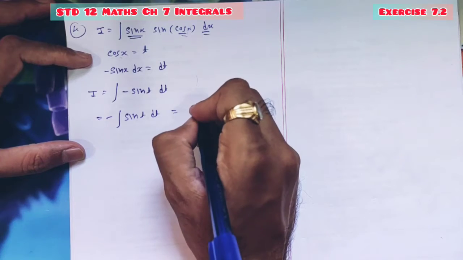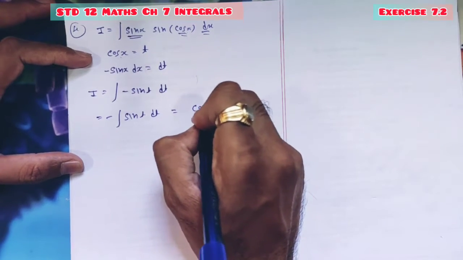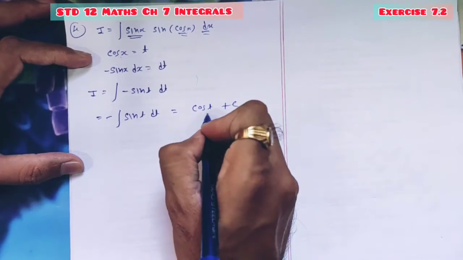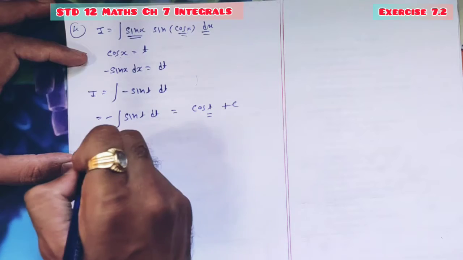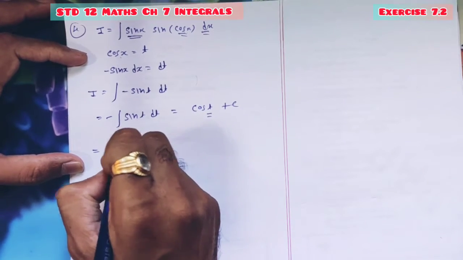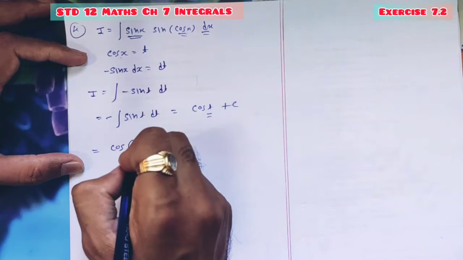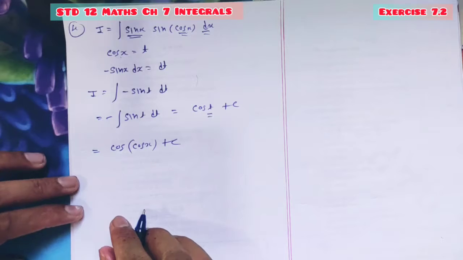Integration of t is t squared by 2, minus and minus plus. And what is t? t is cos x. So the integration will be cos squared x by 2 plus c.